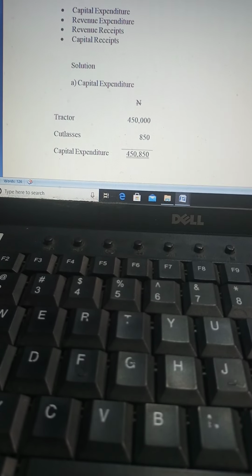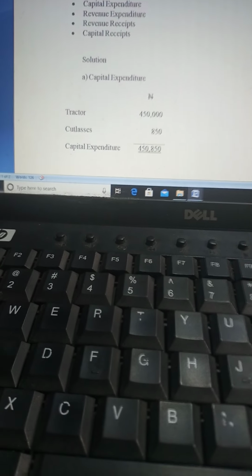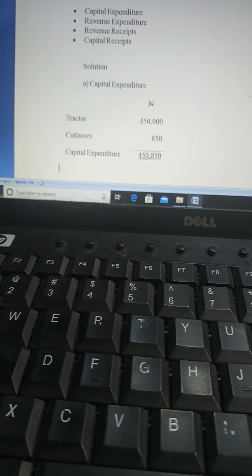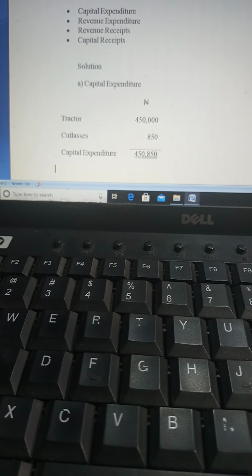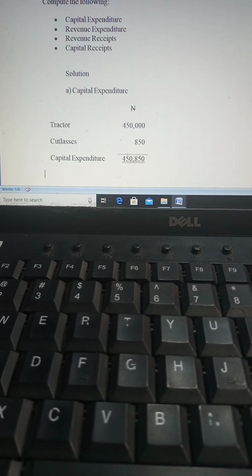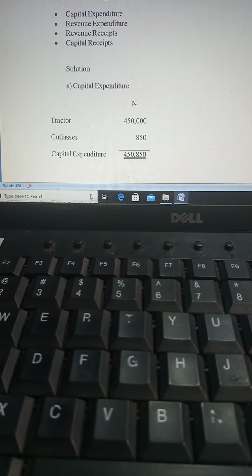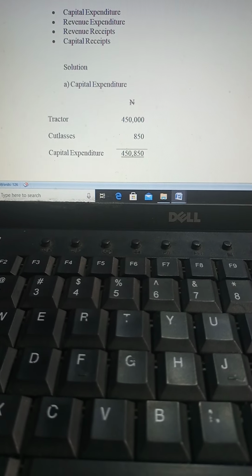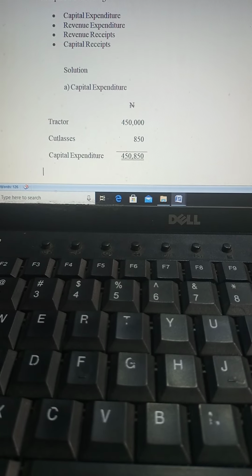We want to compute revenue expenditure. So how do we compute the revenue expenditure? Before we compute this, let's summarize the meaning of revenue expenditure. Although we explained it in our previous classes, please, if you have not attended the previous classes, kindly go and attend them so that you'll get more knowledge about revenue expenditure.